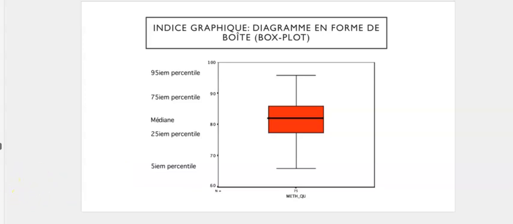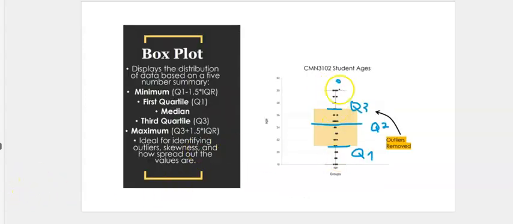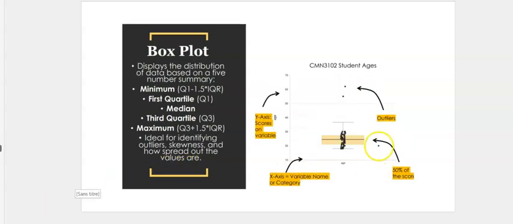Here you can see the maximum limit and the minimum limit. If scores are inside of that, they are not considered outliers. But if scores are over the maximum or the minimum line, then you consider that they are outliers. So this is a box plot.